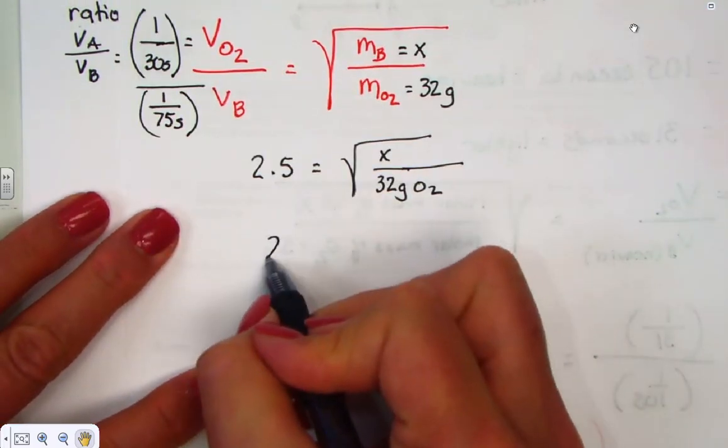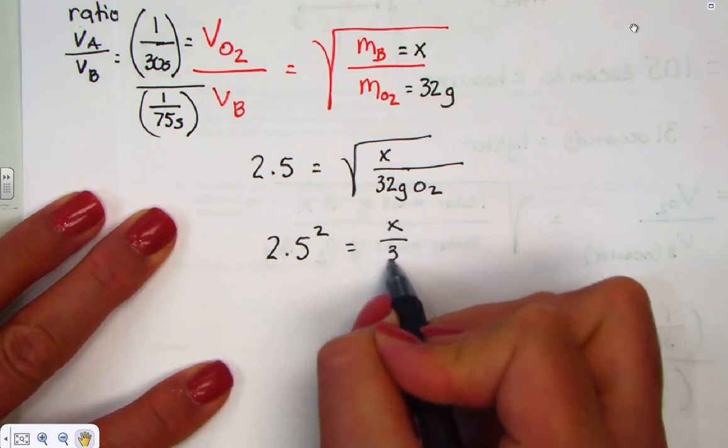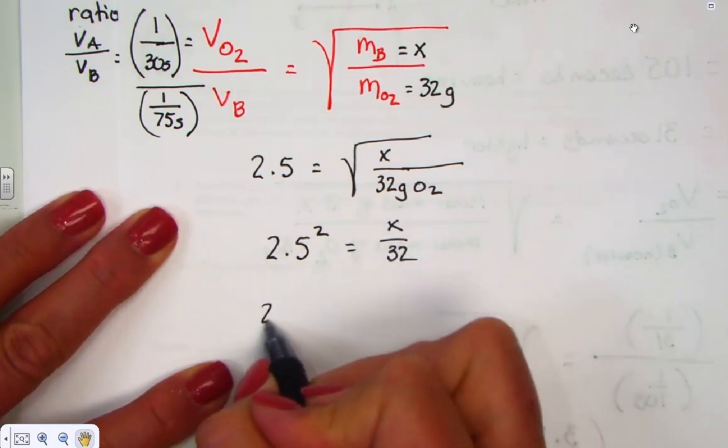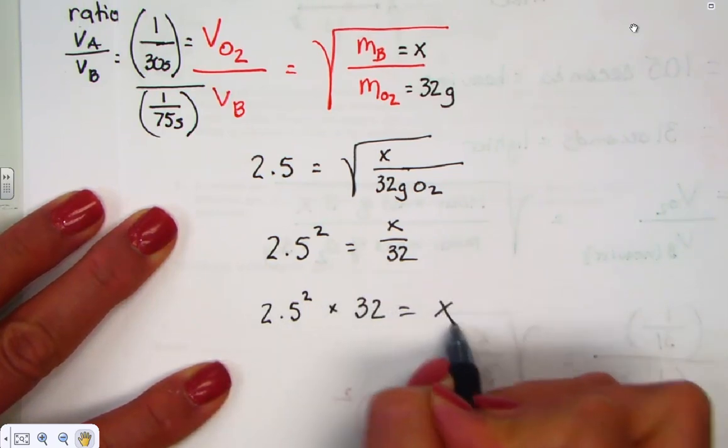Let's square both sides to get rid of the radical. 2.5 squared is x over 32. So 2.5 squared times 32 is our x.